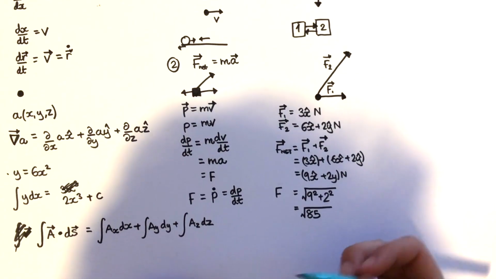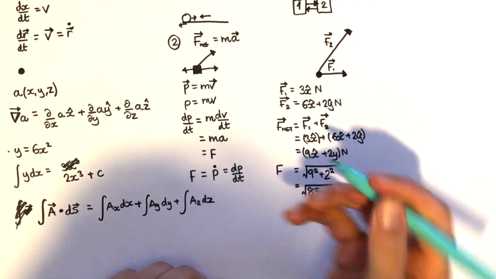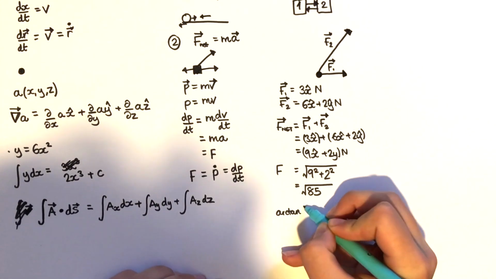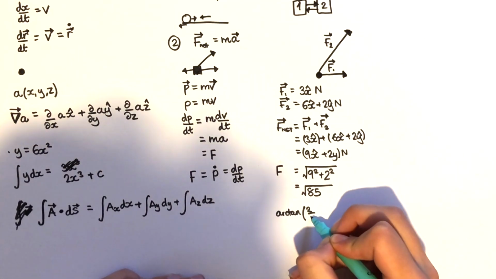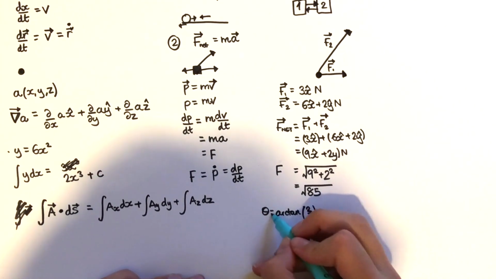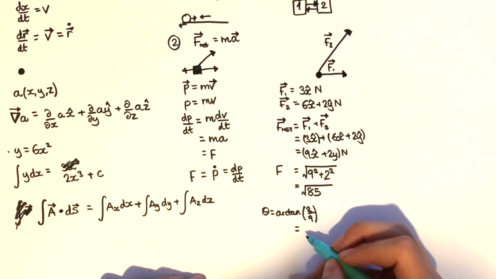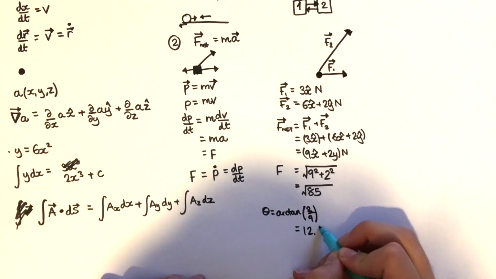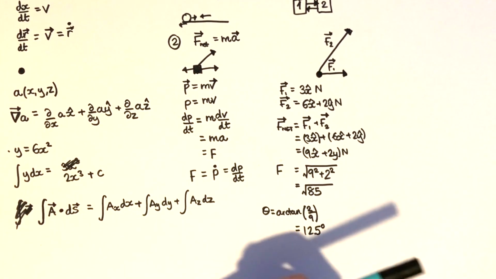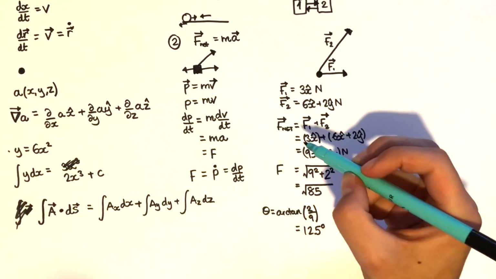And the direction in which this force acts with respect to the horizontal is the arctangent of the y component over the x component. We should call that theta right there, and that is 12.5 degrees. So that gives us the magnitude and direction in which the net force acts.